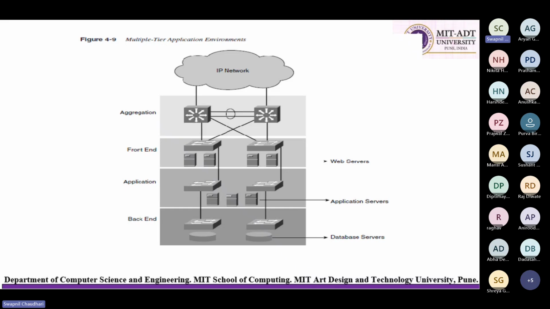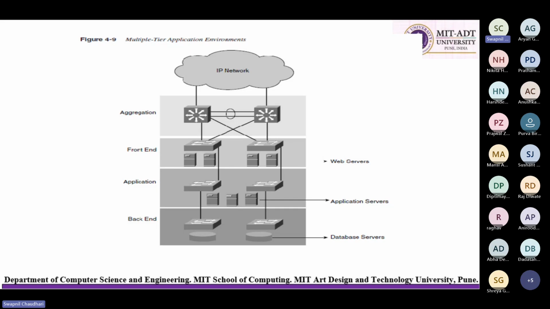For example, when you open a website, your request goes to that particular web server. Next comes the application layer. It contains the application servers, which are responsible for business logic and data processing, for example processing logins and handling transactions.